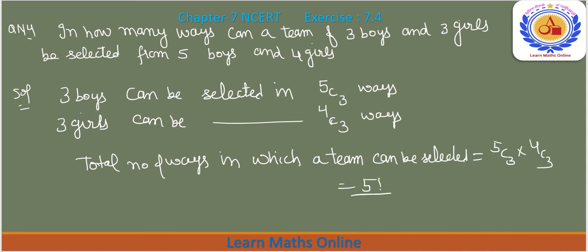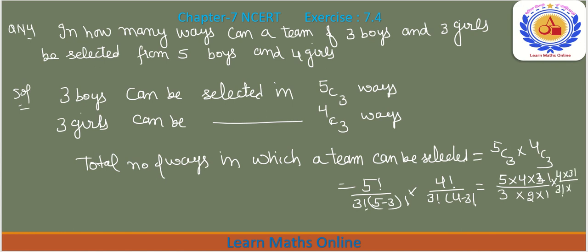5 factorial over 3 factorial into 5 minus 3 factorial, into 4 factorial over 3 factorial into 4 minus 3 factorial, which is equal to 5 into 4 into 3 factorial over 3 factorial into 2 factorial, into 4 into 3 factorial over 3 factorial into 1.